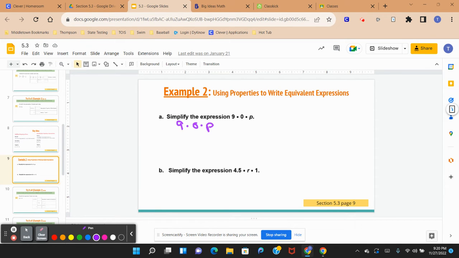For example 2, problem A, rewrite the problem: 9 times 0 times p. So we have multiplication all throughout, with two raised dots, and you can add parentheses to help you make sure you simplify, which is the associative property of multiplication.